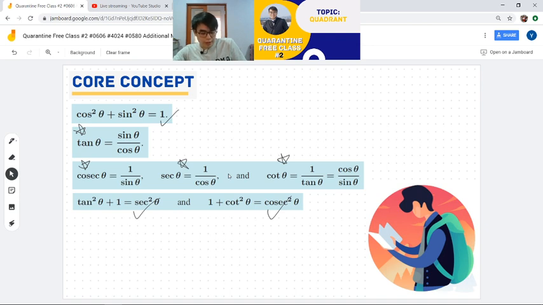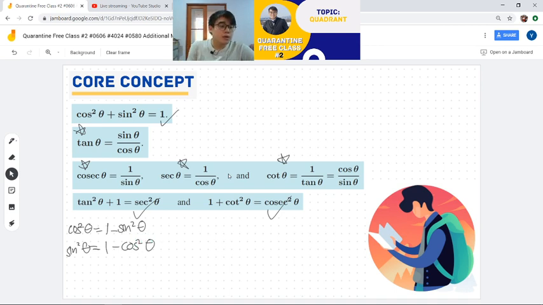A couple of things that I would do is to write down cosine square theta is actually 1 minus sine square theta. I will write it down to avoid forgetting something in the exam or not getting the exact value. So it's always good to write this down. Then when you have the question later on, you can sort it out immediately.